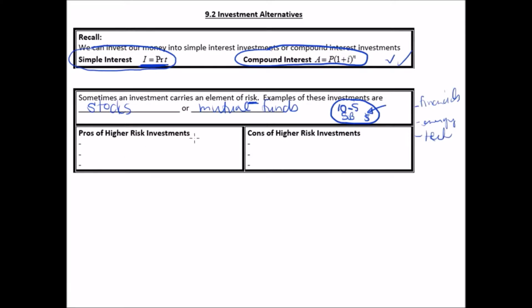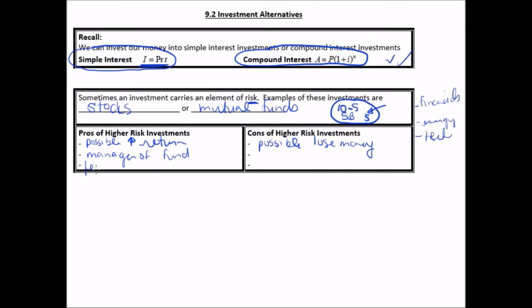So some pros of higher risk investments. When there's a higher risk, you can also have possible higher return. I'm going to put an arrow up, return. But at the same time, it's also possible as a con to lose money. Sometimes with higher risk investments, there is a manager of the fund, but then sometimes there's not. And it's quite inexpensive to get into.